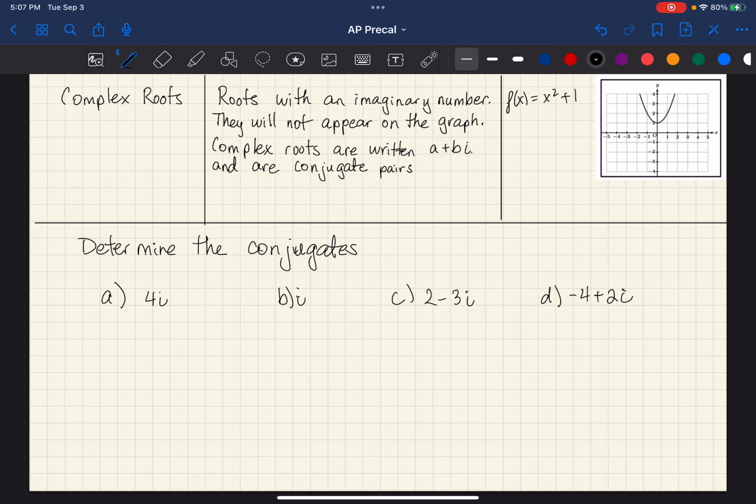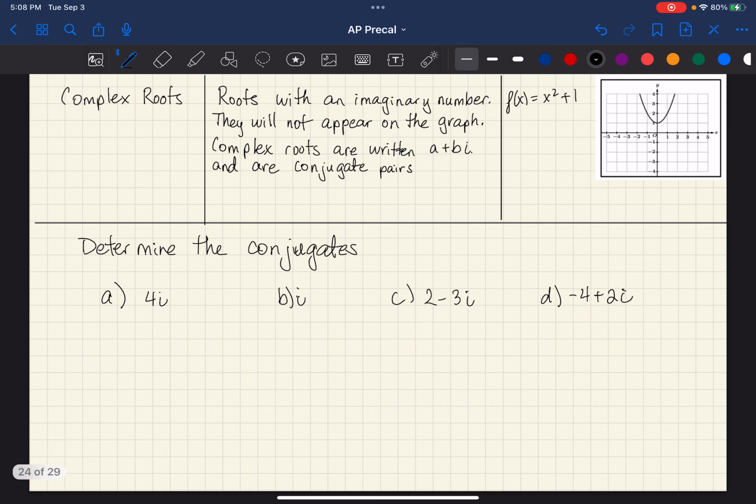Complex roots are roots of a polynomial with an imaginary number. They will not appear on the graph, obviously, because they are imaginary. Complex roots are written as a plus bi and are conjugate pairs. So there are a few things in that definition that I want to go over. Here I have an example of a function with complex roots. Here I have x squared plus 1.